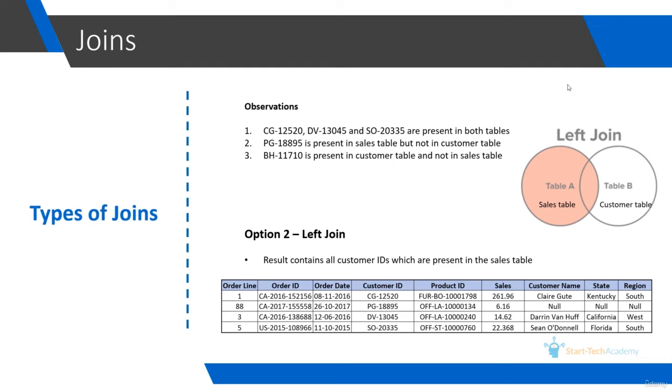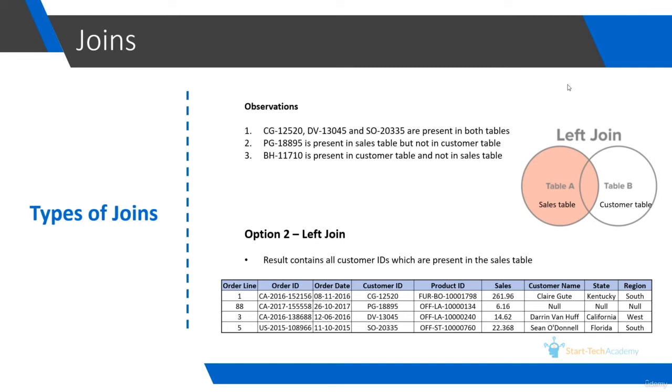Another option is if we decide that in the output we want all the customer IDs from the sales table, they may or may not be present in the customer table. If they are present, for example this first ID CG12520, we will get the customer data.